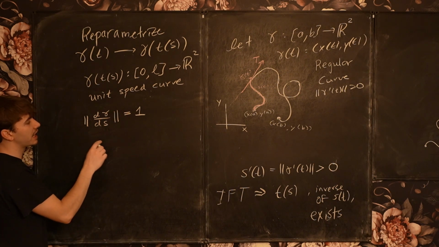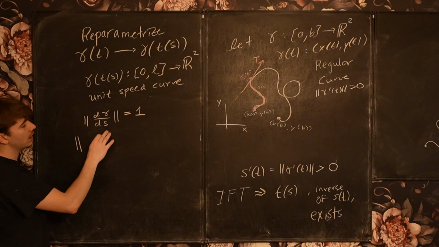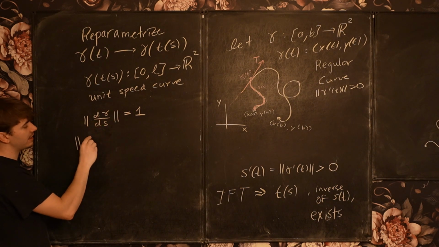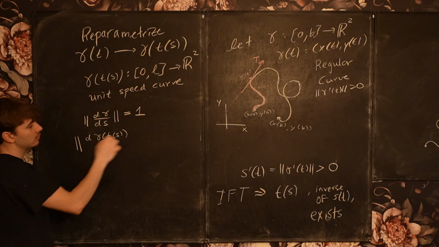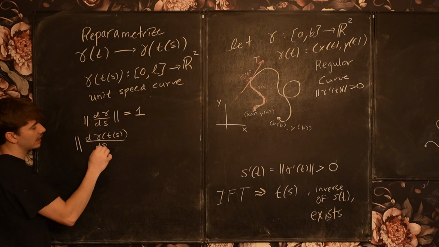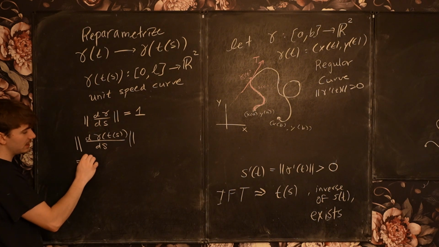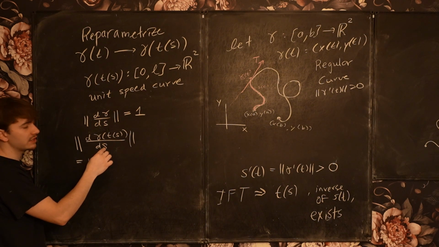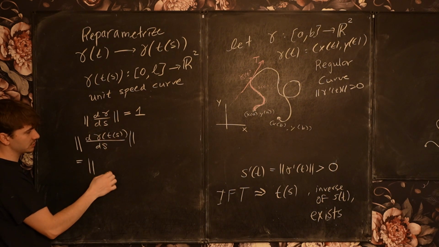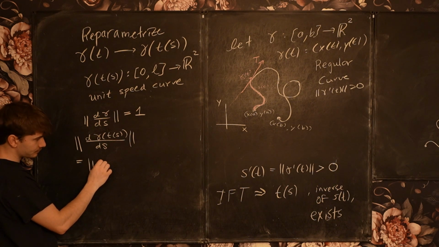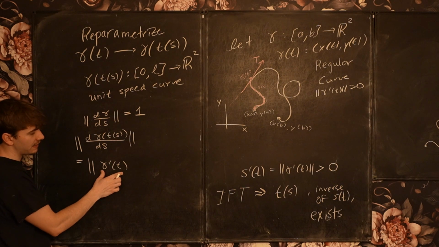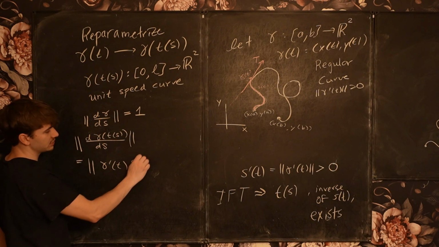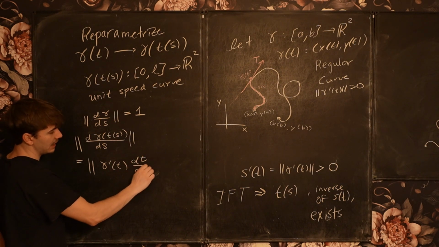Well, if we look at the chain rule, if I differentiate gamma of t of s with respect to s, then by the chain rule, first take the derivative of the outside function, which is gamma prime of t, and then I take the derivative of the inside of the function, which is dt over ds, okay?